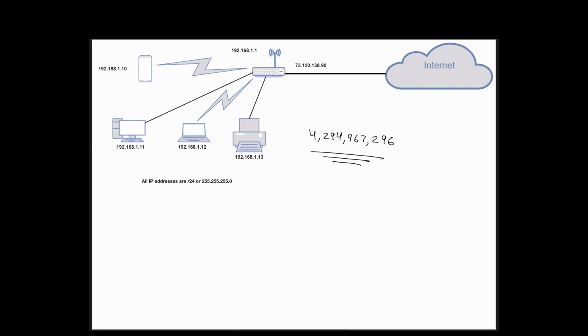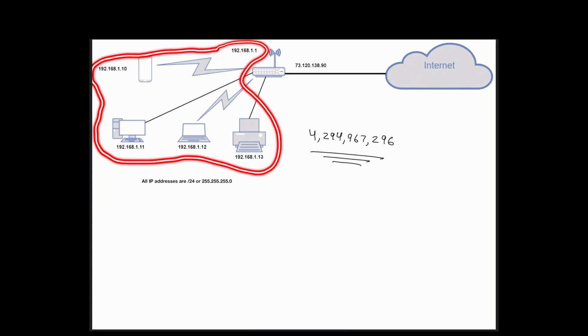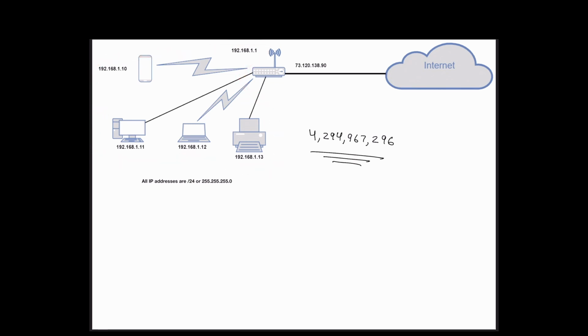So one of the things that was created to prevent the depletion of public IP addresses was the creation of private IP addresses. Everything you see here behind this router, all these IP addresses, are actually part of a private IP address range. And this IP address that you see over here is actually a public IP address.